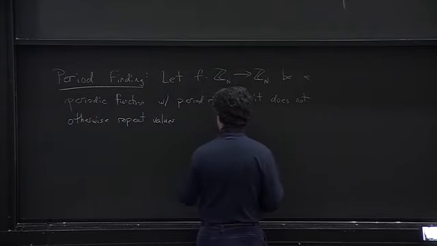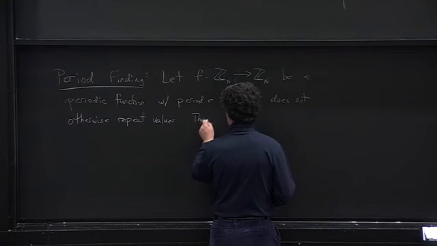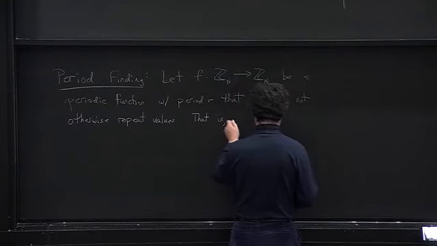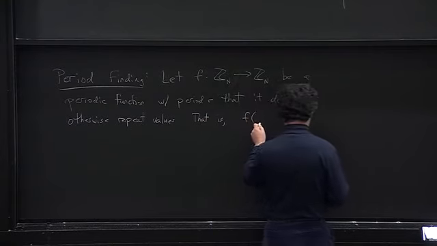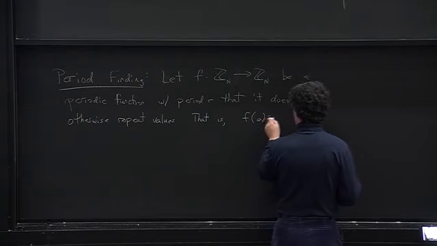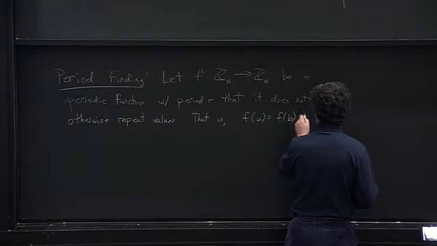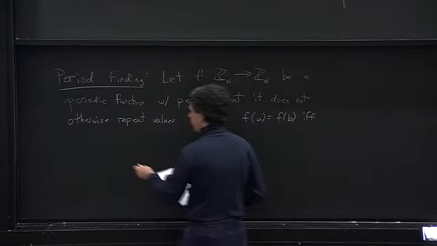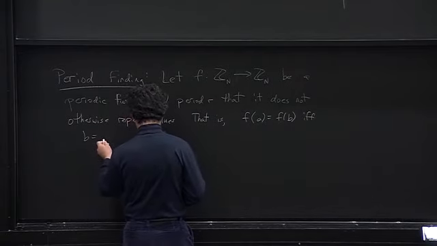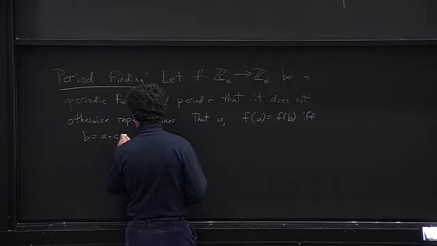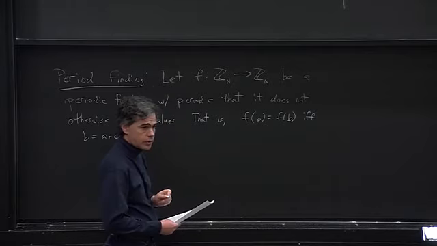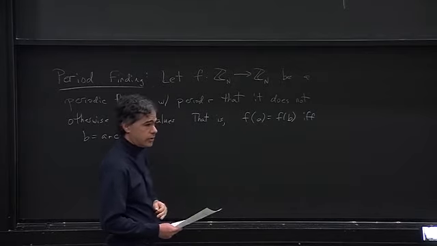So in particular, f of A is equal to f of B if and only if B is equal to A plus some multiple of r, C times r, say. Which has nothing to do with that C over there.